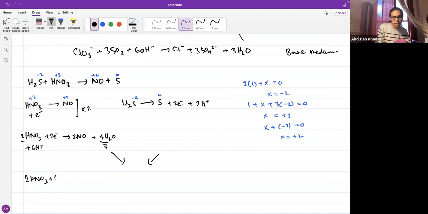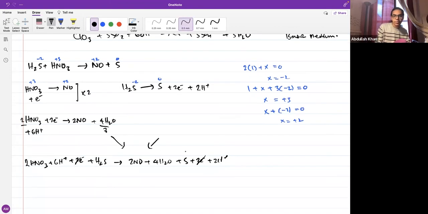2 HNO3 plus 6 H plus 2 electrons plus H2S gives 2 NO, 4 H2O, sulfur, 2 electrons, 2 H pluses. 2 electrons cancel. 2 H pluses, that's 4 H pluses.